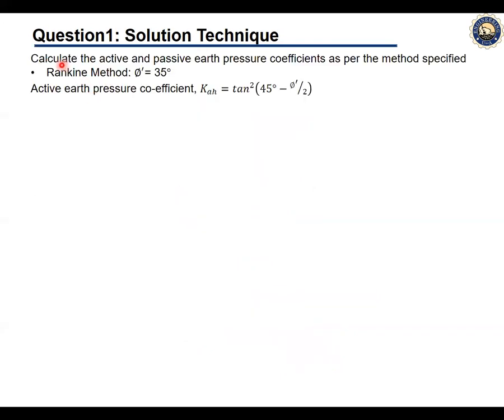In the next step, we'll calculate the active and passive earth pressure coefficients as per the method specified. Here in our question, we're given Rankine's method, with phi prime equals 35 degrees, where the active earth pressure coefficient, KAH, equals tan squared of 45 degrees minus phi prime over 2.